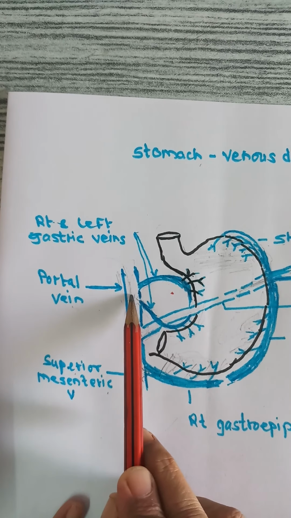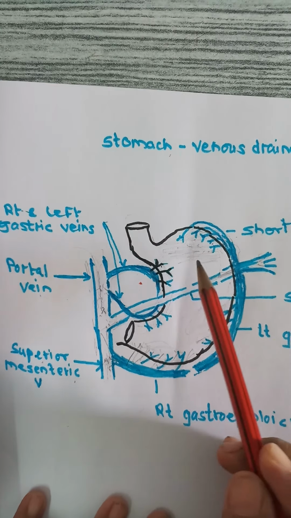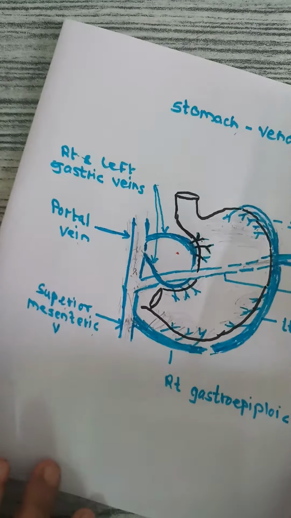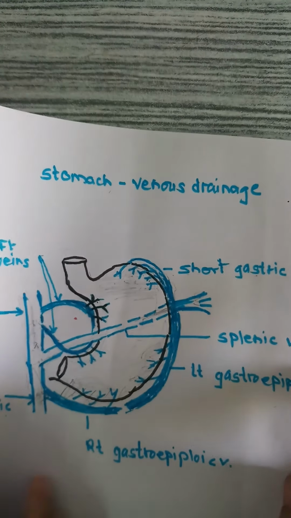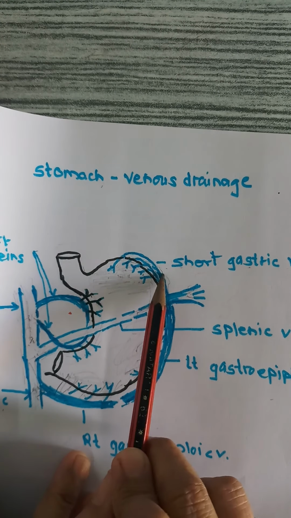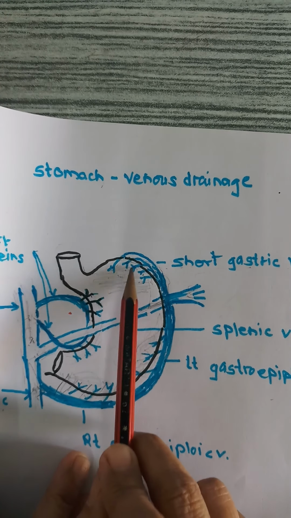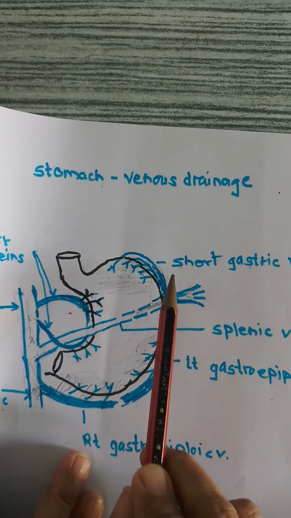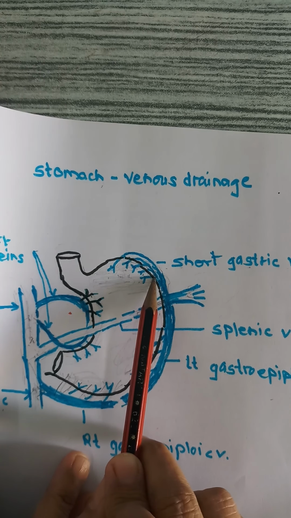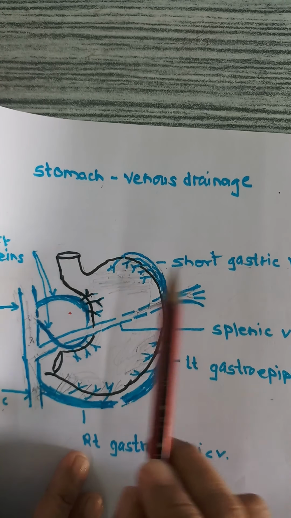Okay. Now from the fundus. From the fundus also there were short gastric arteries. Now the deoxygenated blood will be collected in veins, and these veins will be called short gastric veins.